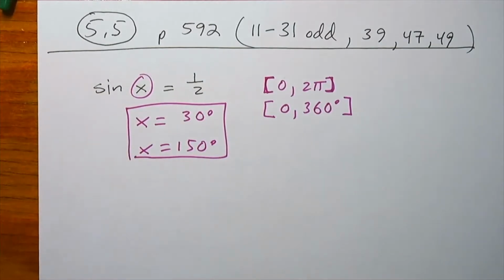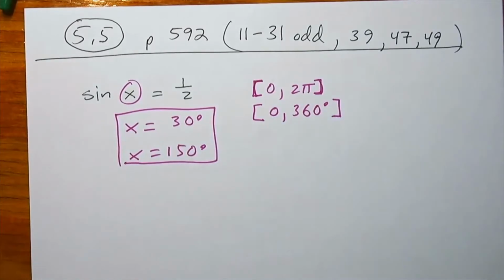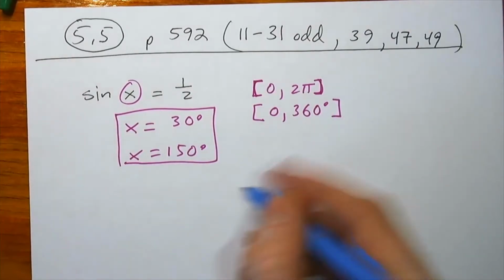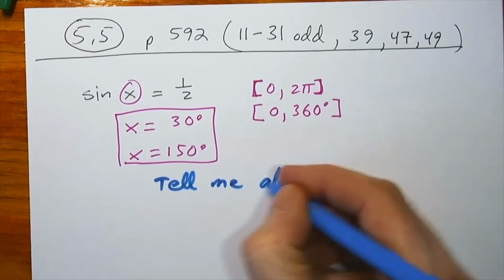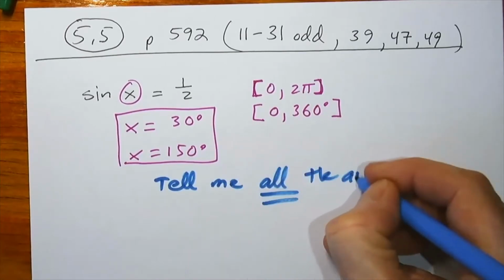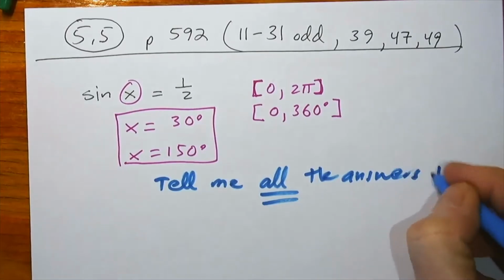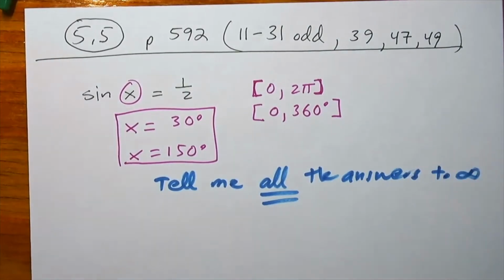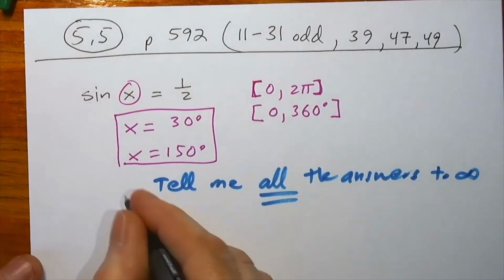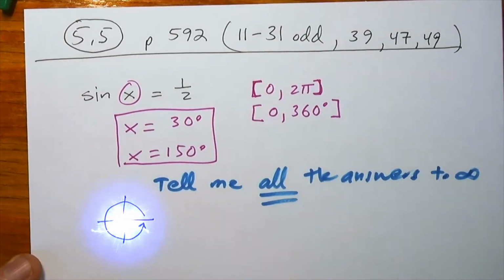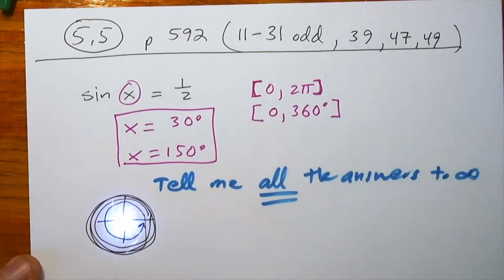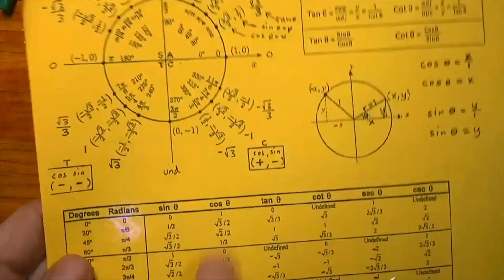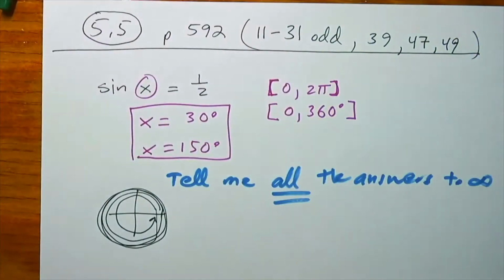However, some questions, instead of just telling me all the answers from 0 to 360, are going to say, tell me all the answers, like to infinity. So remember our unit circle, how we can go around the 360? Well, what if you kept going around again, and around and around? Remember coterminal angles?